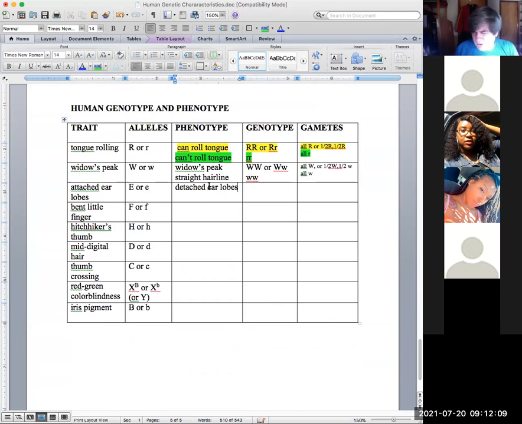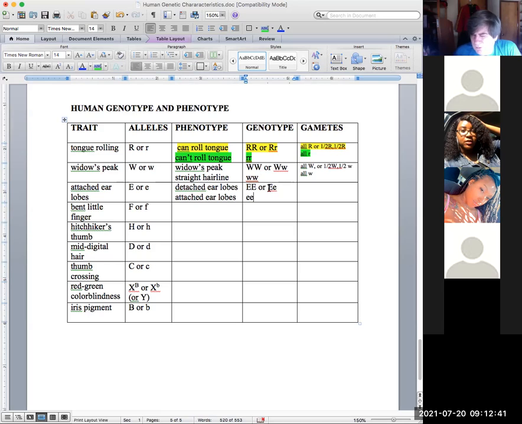Notice when you write out the phenotype, you have to write out the whole thing. And we always have to write out both possibilities. The only way we can figure out what your genotype is is if we look at a family tree.